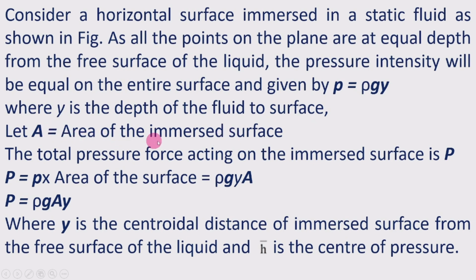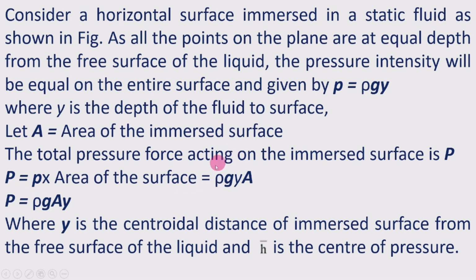Let A be the area of the immersed surface. Then the total pressure force acting on the immersed surface, capital P, can be given as the intensity of the pressure multiplied by the area of the surface.